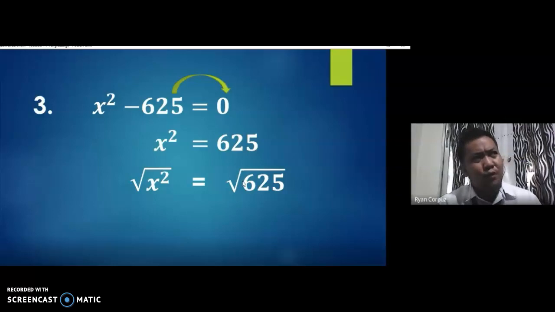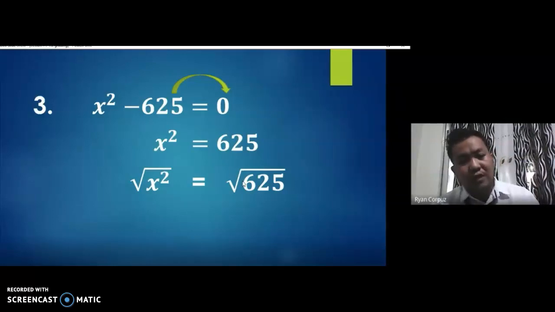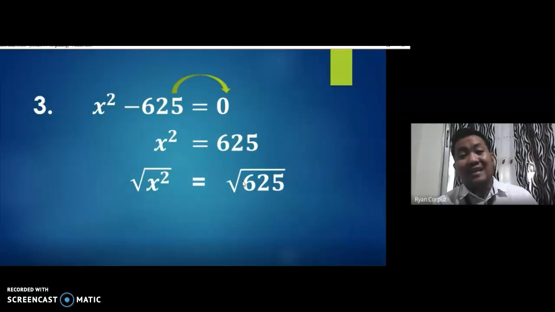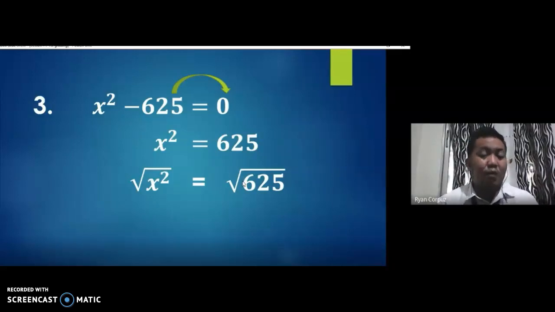Example, 2 times 2, the answer is 4. So the number 4 is a perfect square. Ibig sabihin, when you get the square root of 4, that is equal to 2, because that is the number na minultiply mo sa sarili niya. Example, 10 times 10, 100. So 100 is a perfect square.